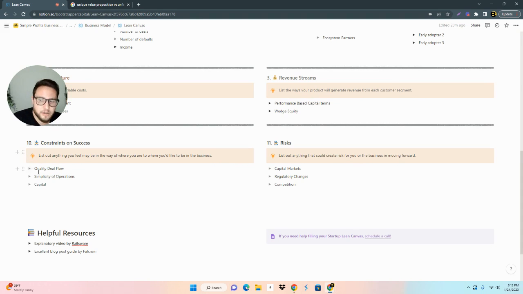In our situation, I'll keep it simple. Our constraints on success are deals, quality deals specifically. If you don't have the deal flow, you don't have a business. You can't sign SAFE agreements. There's no portfolio companies. There's no deals to be done. The second is delivery. So for us, the delivery is the simplicity of the operations. This is a fairly sophisticated business that we run.